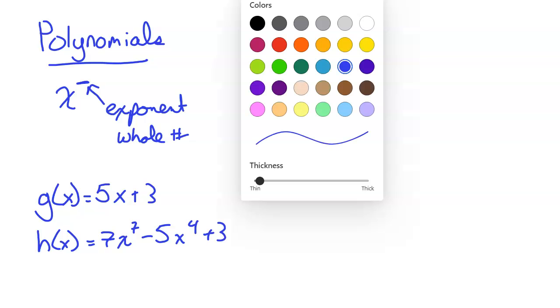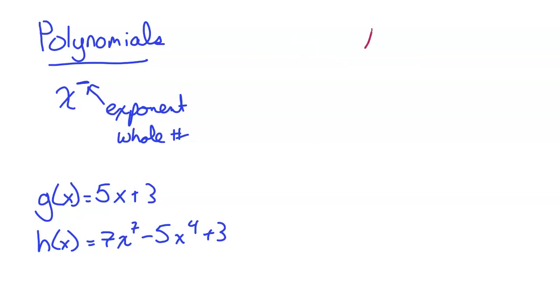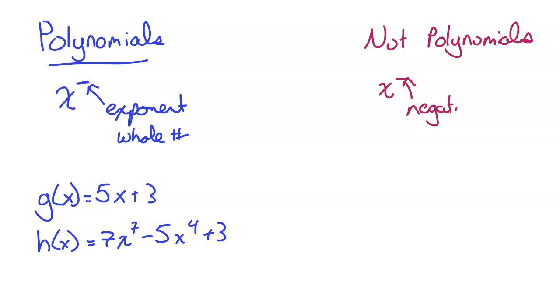Now, things that are not polynomials are things where we have x raised to maybe a negative number, or it is a fraction, or maybe the x is in the exponent.